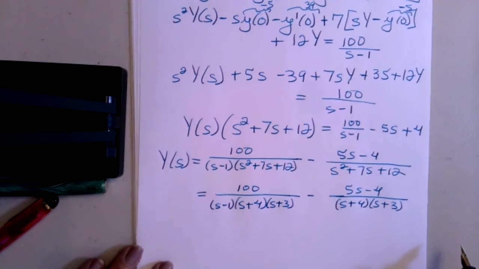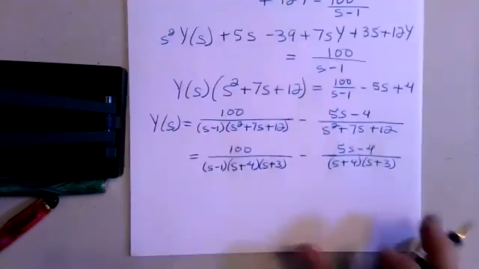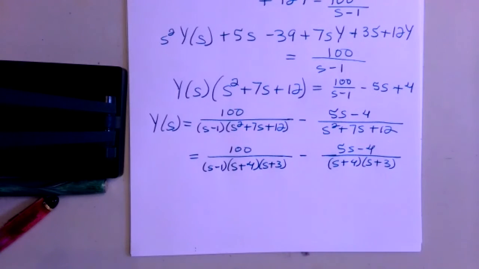All right, so I guess you do have to do partial fraction decomposition. Oh, well, you might want to combine. Oh, no, you can't combine those two. So I guess you have to do partial fraction decomposition. Well, let's go ahead and do that.